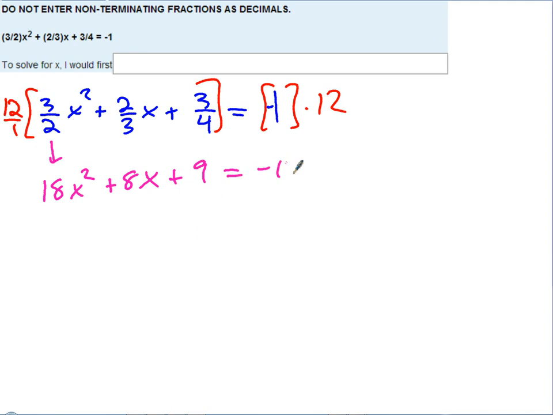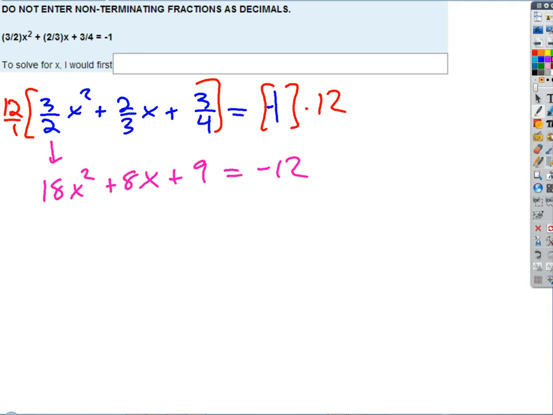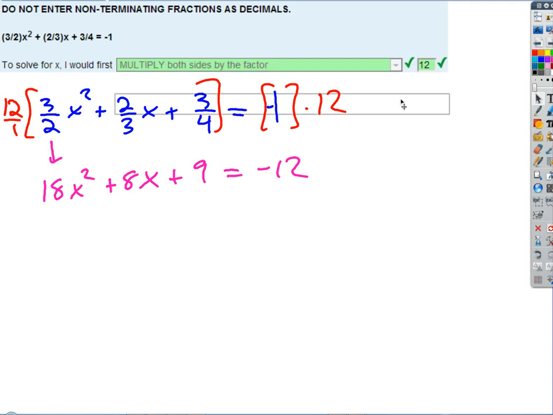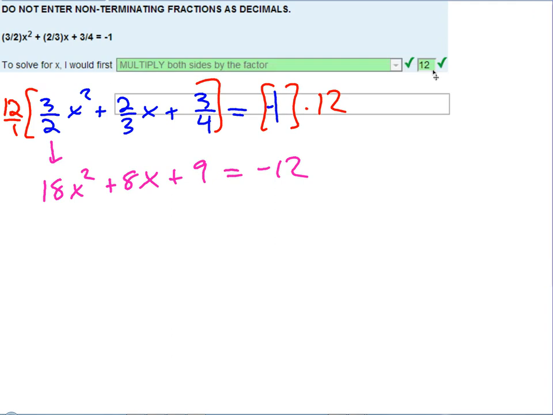And then over here I just get negative 12. Now that's a ton easier to deal with, right? Now we could add 12 to both sides and go to town on this thing, probably with the quadratic formula. But we don't want to mess with those fractions. So the best thing we could do first here is clear the fractions by multiplying both sides by 12. Okay?